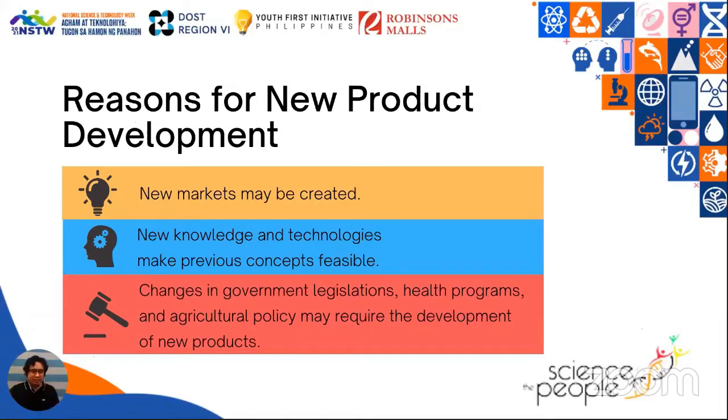Yung market ay smartphones. And then another reason is new knowledge and technologies make previous concepts feasible. So I think a good example of this would be yung vacuum frying technology na available dito.